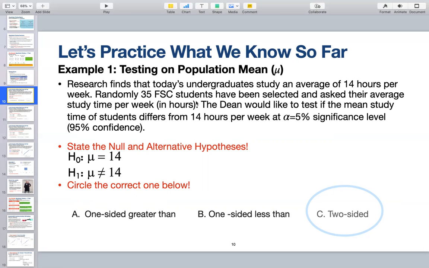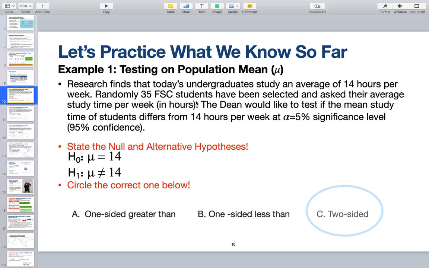The dean would like to test whether this is true or not, by selecting 35 students and asking them how long they really study in a week, and hopefully taking the mean, the average of that sample, to make an inference about the population.